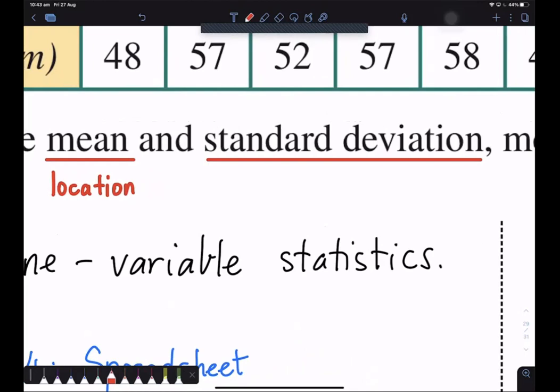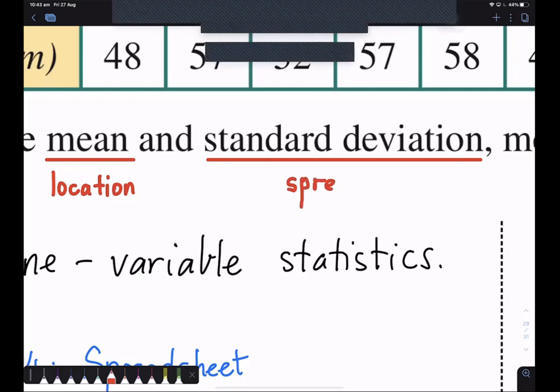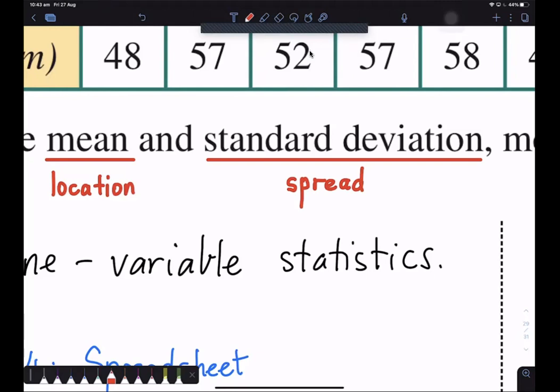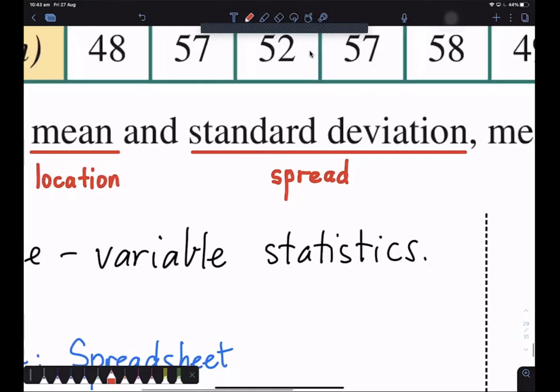You can type in the chat, Maddie. Spread, fantastic. Correct. Remember, it was telling us how far we go out from the mean. So the mean and standard deviation, you can see now, are related concepts. That's why they want us to calculate both of those next to each other.